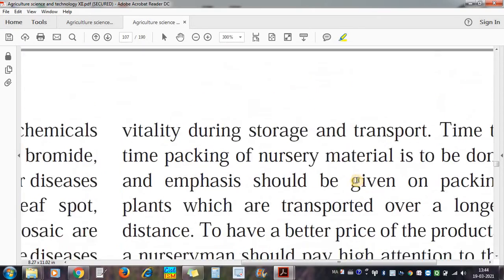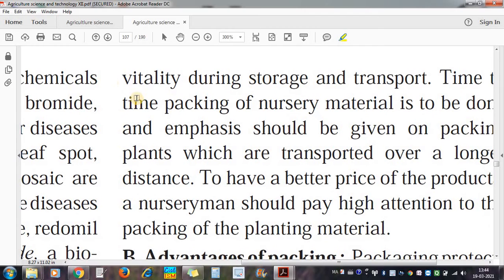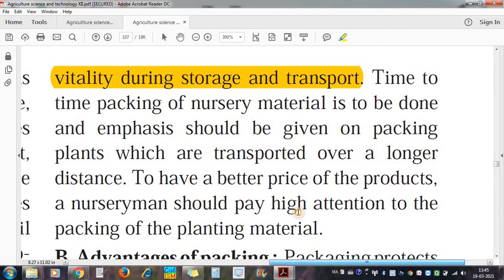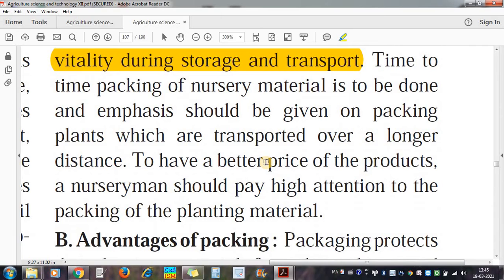And not only viability but vitality during storage and transport. So we have to pack in such a way that the viability and the quality of the seedlings are maintained during transport and storage. The type of packing and the quality of material needed for packing are very important.